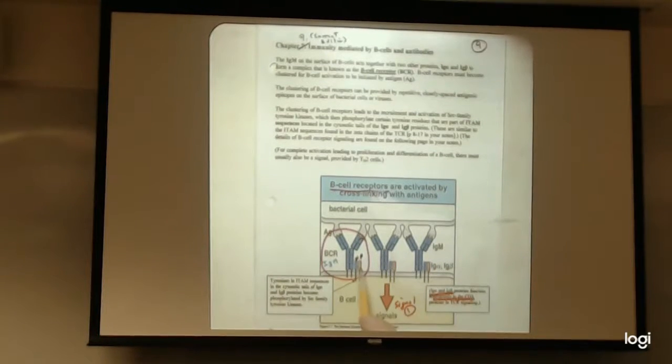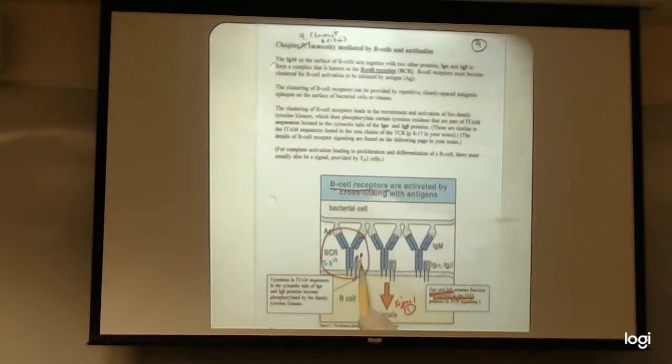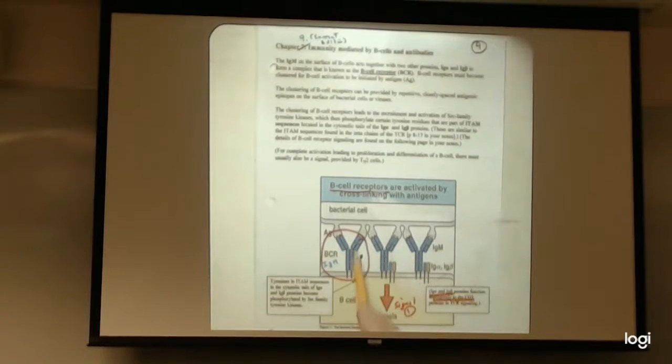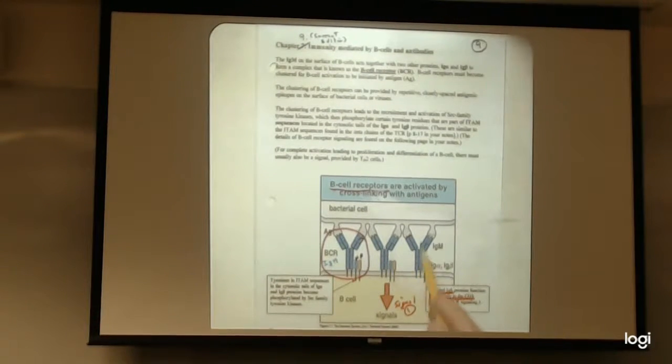Like the T cell receptor's CD3 complex, we have, as we mentioned earlier in the semester, these immunoglobulin alpha and beta chains that are associated with it, and they have cytosolic parts inside here that are long enough to recruit other partner proteins and so on. So the actual B cell receptor, as opposed to just this IgM molecule, is an IgM plus the Ig alpha and Ig beta companion proteins.